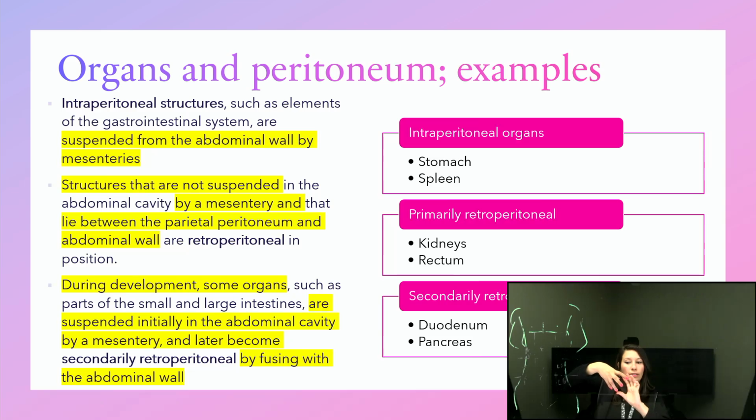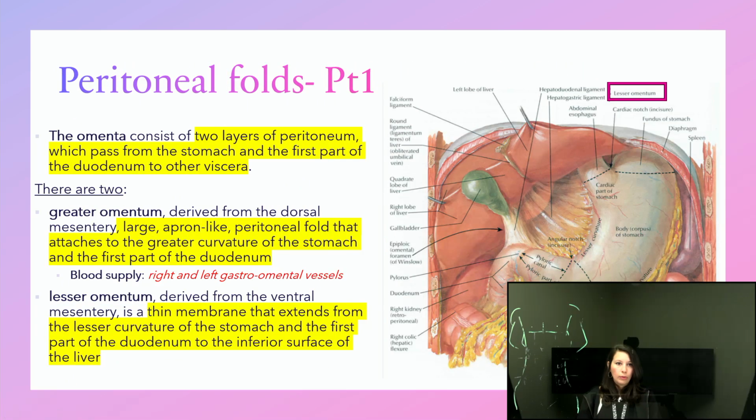Those organs start to rotate, and by the time they finish their rotation, they end up being secondarily retroperitoneal, because initially they were protected. And then they became secondarily retroperitoneal because of the way in which they rotated. So that's going to be two examples here, your duodenum and your pancreas. So those are two main examples.